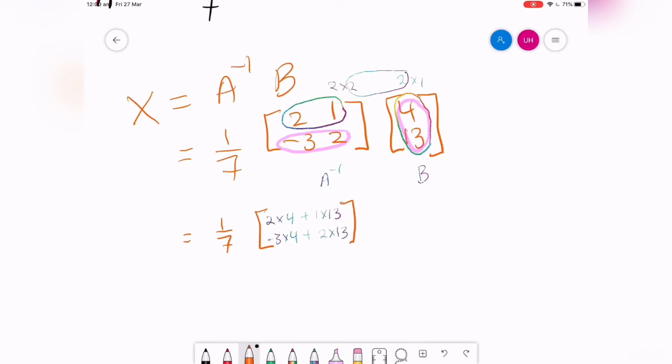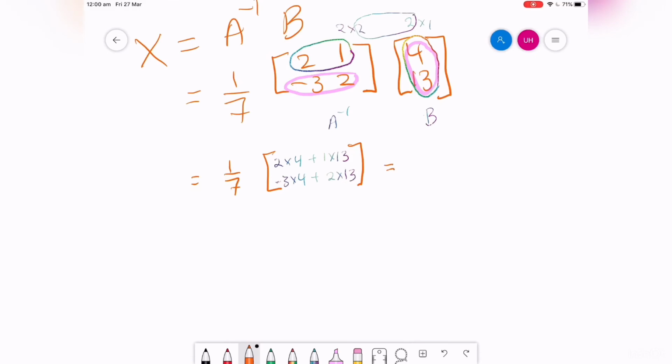Okay, and this is going to be 1 over 7 multiplied by 2 times 4 is 8. So 8 plus 13 is 21. And minus 3 times 4 is minus 12 plus 2 times 13, which is 26. So that's 26, this is minus 12, so this is going to be 14.